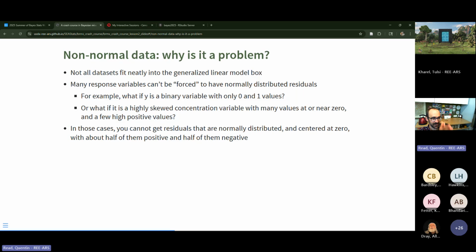The error is not going to be centered at zero with half positive and half negative. It can't, because the data are skewed, so the residuals are not going to make a perfect normal symmetrical bell curve. So the assumptions in that model would not correspond to the reality of the data. It would not be a good model to fit.